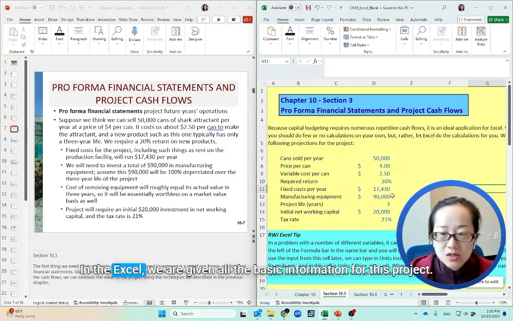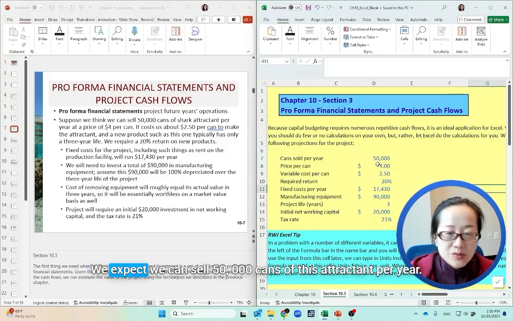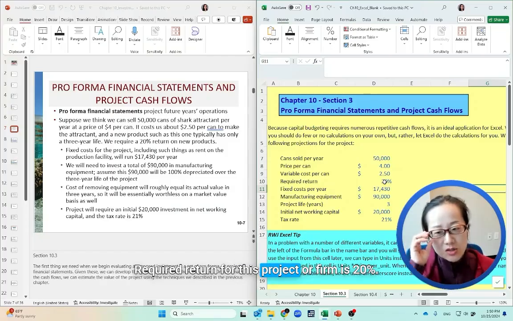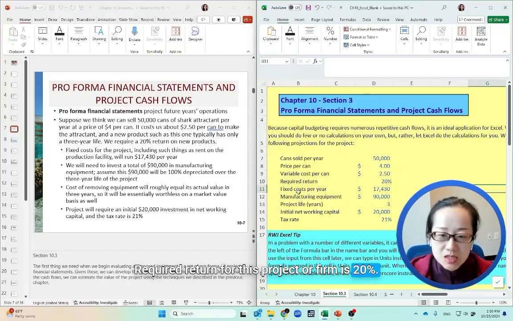In the Excel, we are given all the basic information for this project. We expect we can sell 50,000 cans per year. The price is $4. Variable cost per can is $2.5. Required return for this project or firm is 20%.